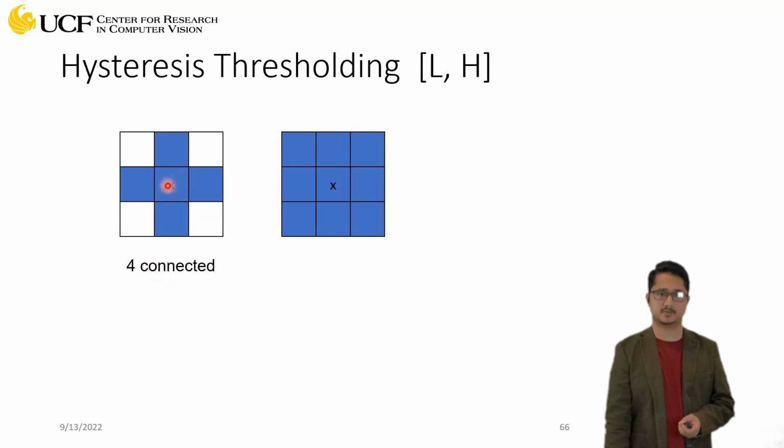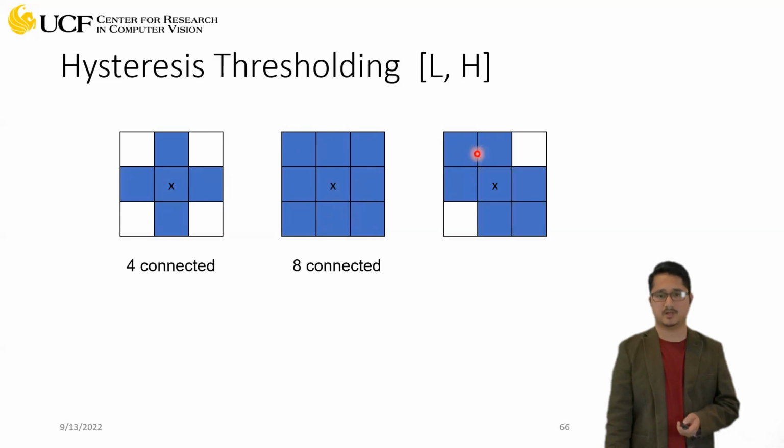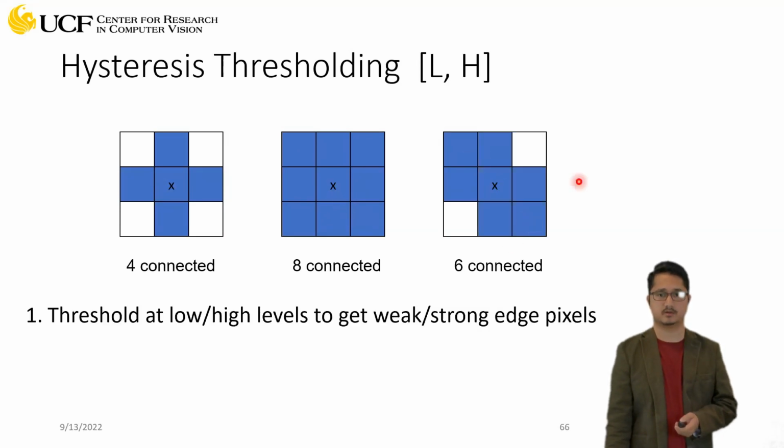If we are looking at this pixel value, and they are connected in this neighboring way, left, right, top and bottom, we say they are connected. So this is 4 connectedness. This is 8 connectedness, and we have to do this because we have a discrete space. It's not continuous, right? And we can have other variants, like maybe in the diagonal or in the other diagonal, which is fine.